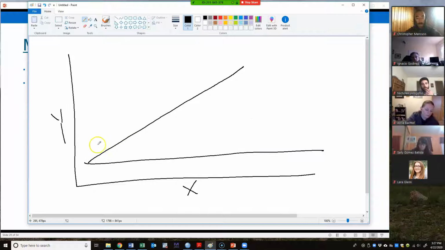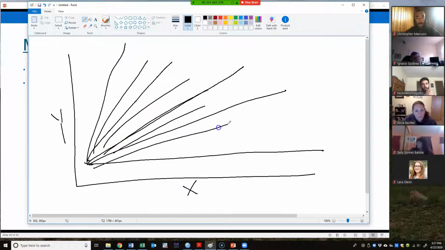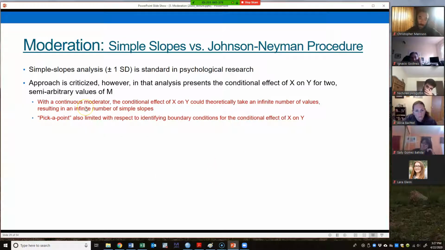But we could also go 2 standard deviations above, or we could go a half a standard deviation, or any number of slopes here could be picked, right? There's an infinite number of conditional effects with a continuous moderator. And what we do with our simple slope is we just pick a value for a high and a low level, but there's lots of other values that could be interesting.